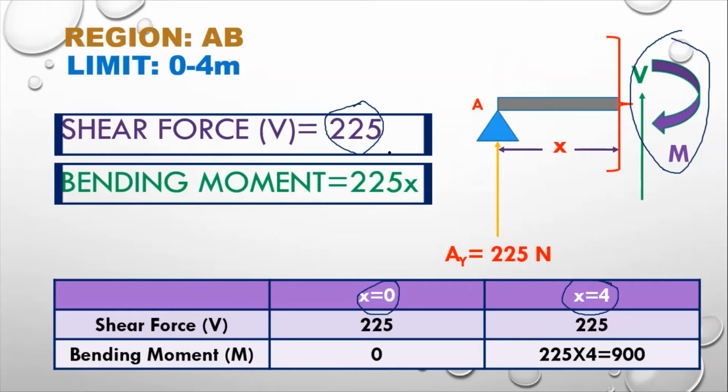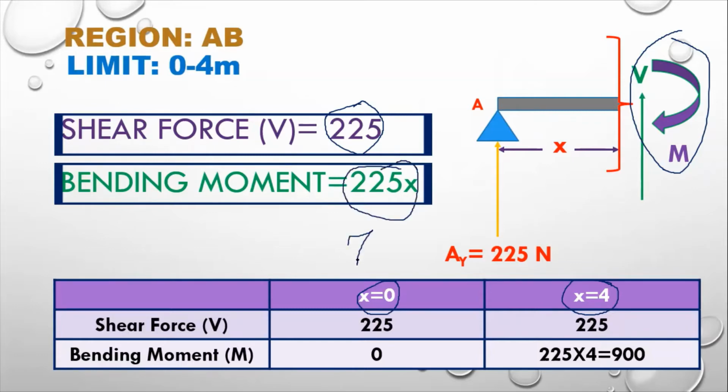And if I am doing it for the bending moment, in bending moment there is x, that is 225x. So I have to put the values x equals 0 and x equals 4 in the next. If I put 0 in place of x, it will become 0 here.